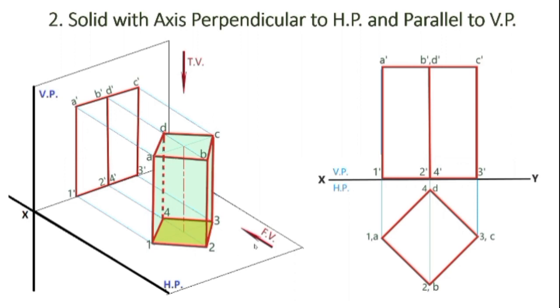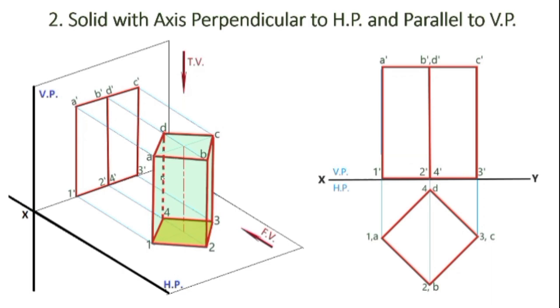Now, when we look from the front view, we can see the edges 1A, 2B, and 3C. These three edges are visible from the front view. Edge 4D will be overlapped behind edge 2B.